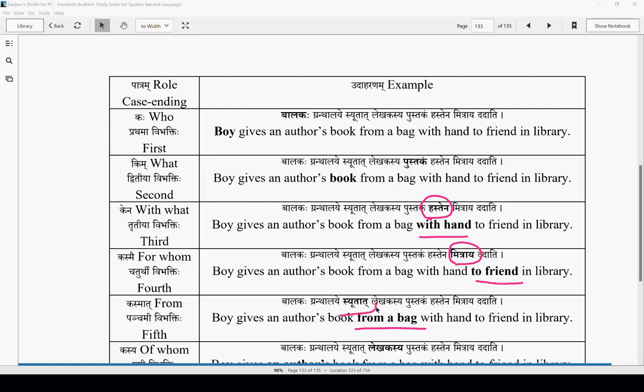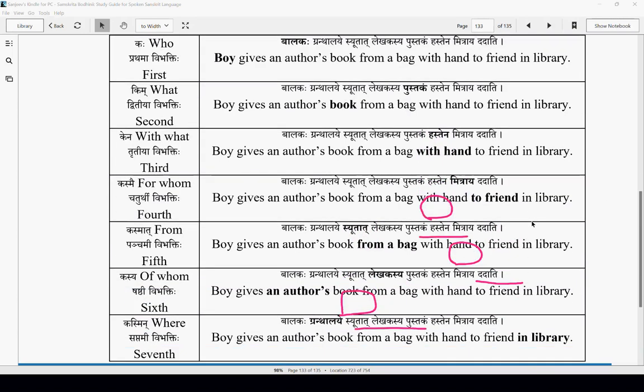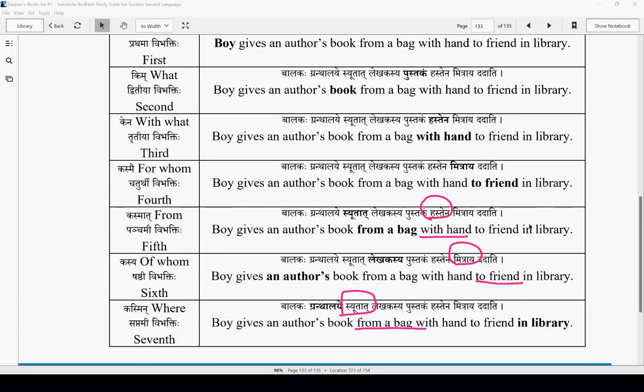From a bag, coming as Yutat. Similarly, we have Lekhakasya, authors, or of author, belonging to author, coming as the Shashti vibhakti. In library, both in and library come as one word here, Granthalaya. You can correlate to that.